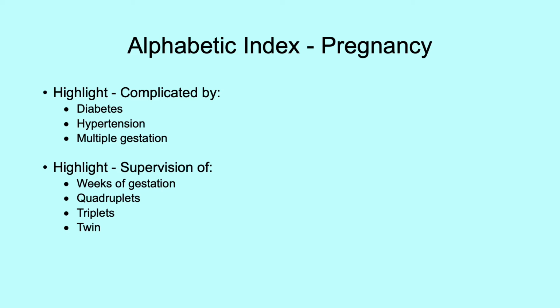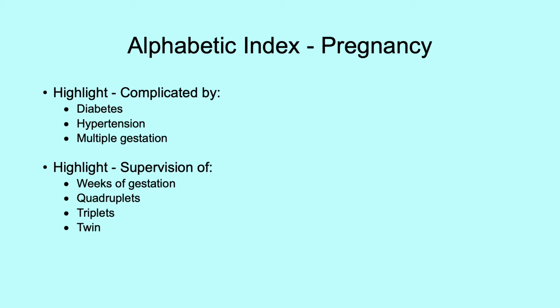Now, pregnancy in the index, as a main term, goes on and on. It has two main sections: pregnancy complicated by and pregnancy supervision of. And it's easy to look under complicated by and say, hey, wait a minute, it's not there. But it is, it's under supervision of. So highlight complicated by, and then underline whatever you need: diabetes, hypertension, multiple gestation.